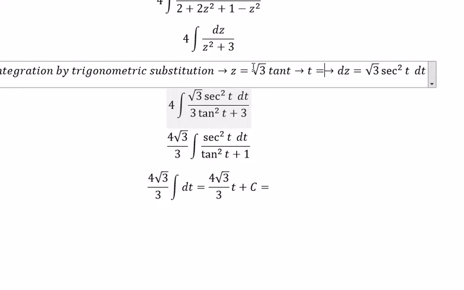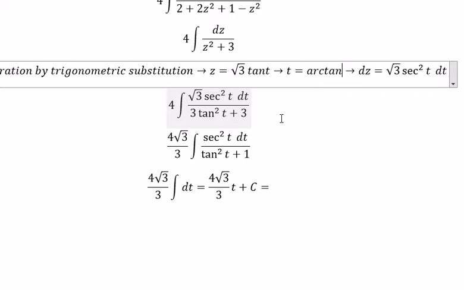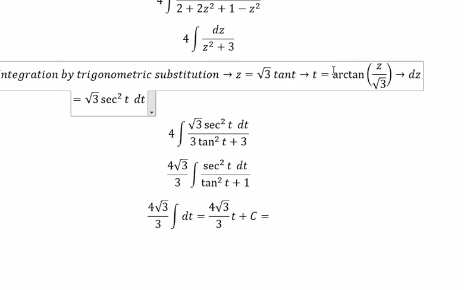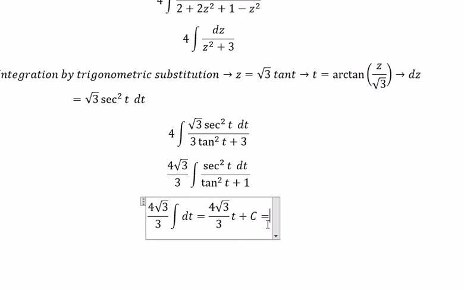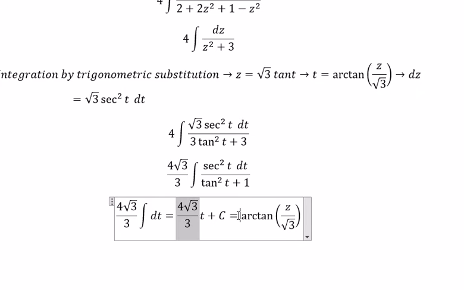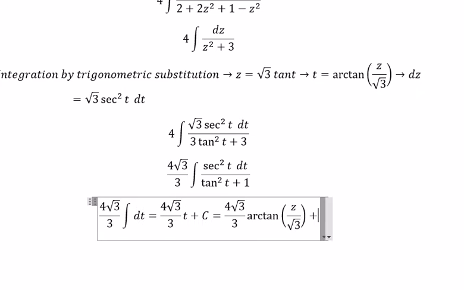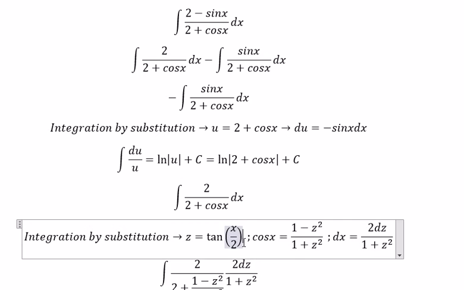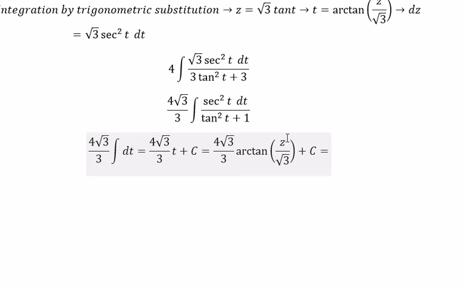So we divide both sides with the square root of number 3. About z, we need to change back for x. So this one we put in here.